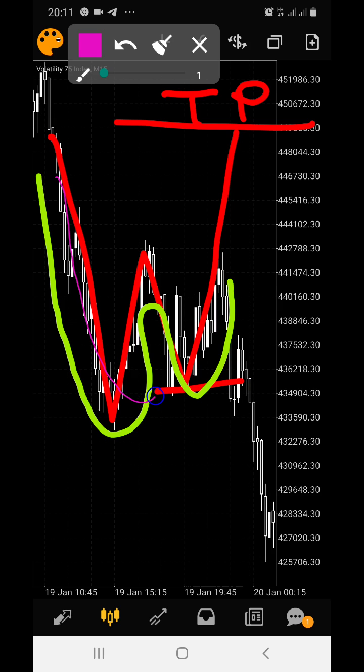Here we're going to have a cross. We're looking at crossing. So our entry would be at this cross here, and we would enter at 1 minute. So basically, the strategy was working perfectly fine.